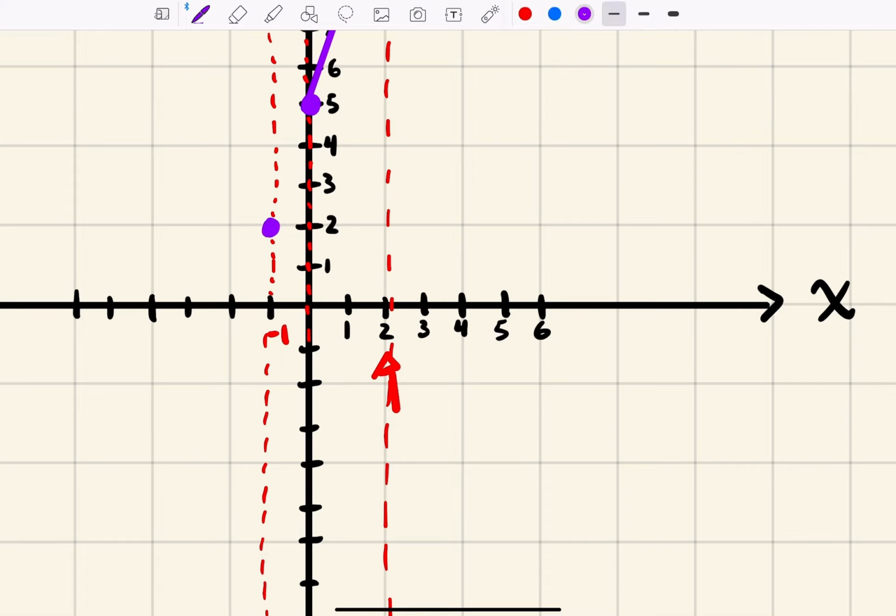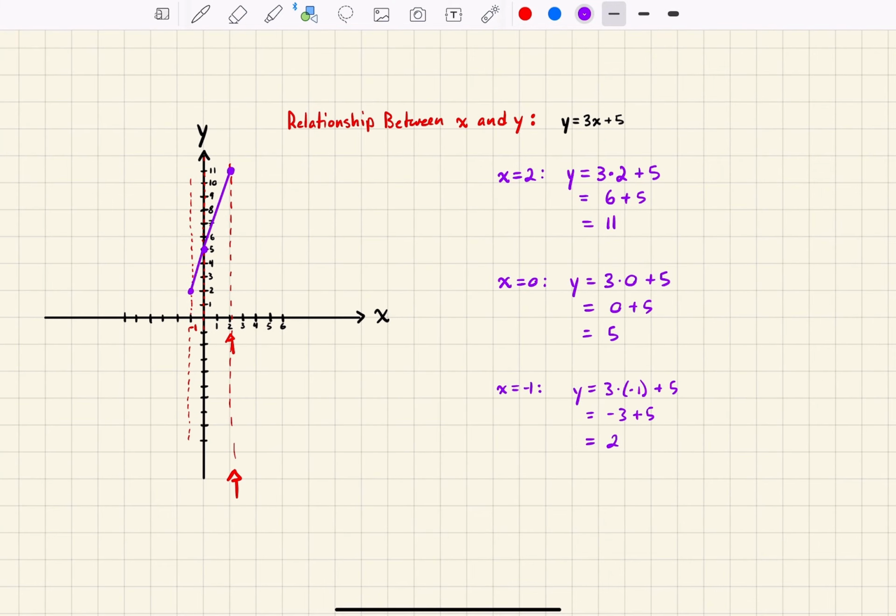And this is the point that we obtain. And again, we just connect those dots, and that's our line. So if I had drawn this very nicely, then this line would be perfectly straight, and it'd go through all three of these points.